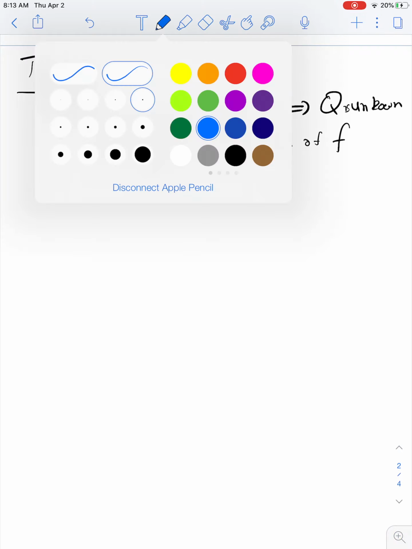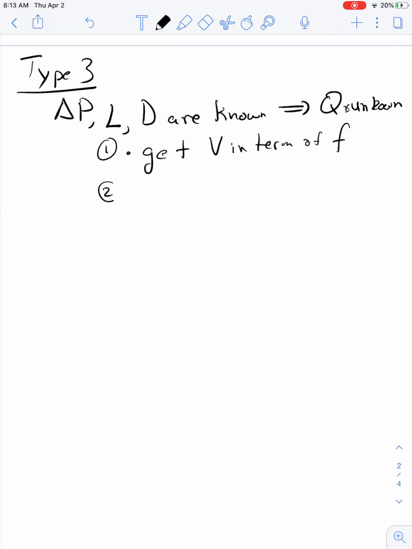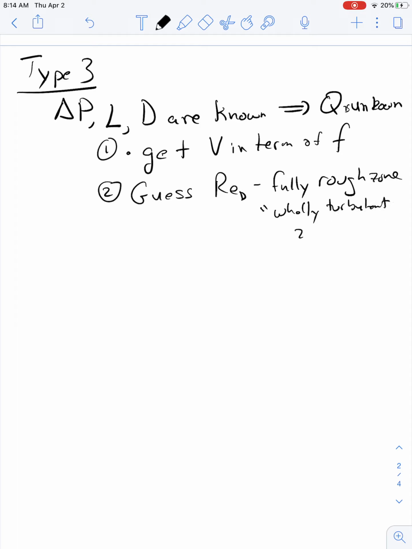That's step one. Then the next thing we're going to do is guess a Reynolds number. We don't know what the velocity is, right? So we're going to guess a Reynolds number, usually in the fully rough zone, or what we also talked about, the wholly turbulent zone.